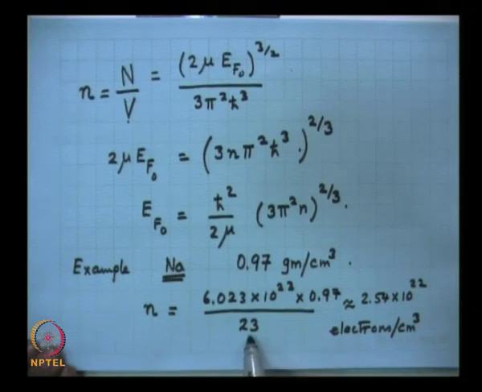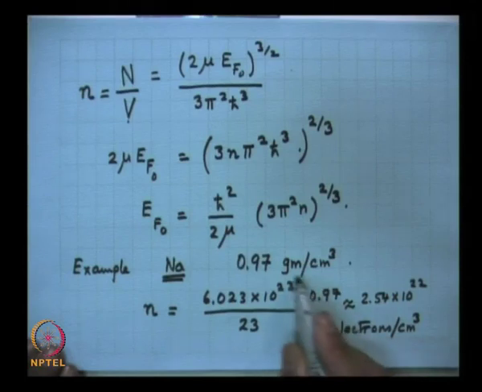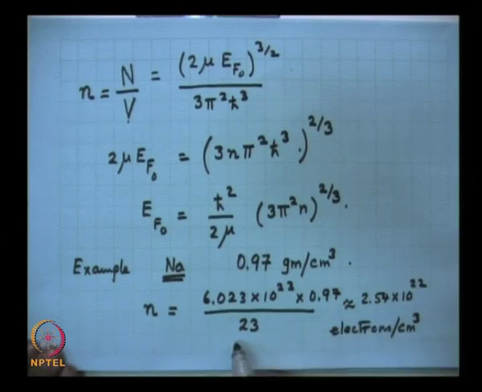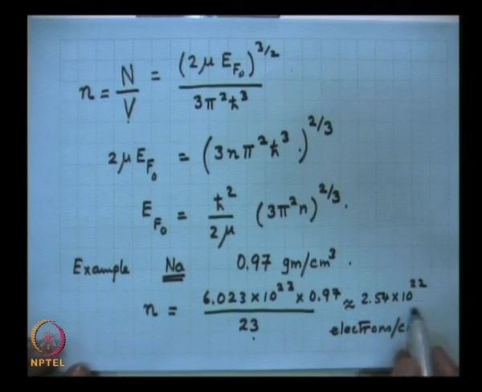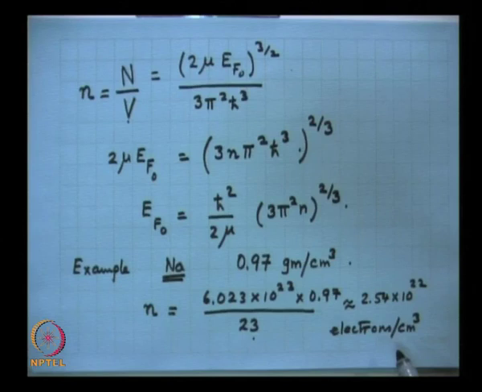So, 23 grams of sodium will contain 6.023 into 10 to the power of 23 electrons, and since the density of sodium is 0.97 grams per centimeter cube, the number of electrons per unit volume will be equal to this number divided by 23. So, if you carry out the calculations, then it comes out to be 2.54 into 10 to the power of 22 electrons per centimeter cube.